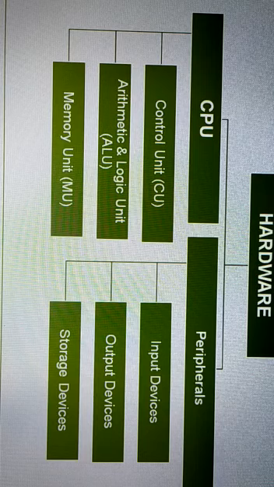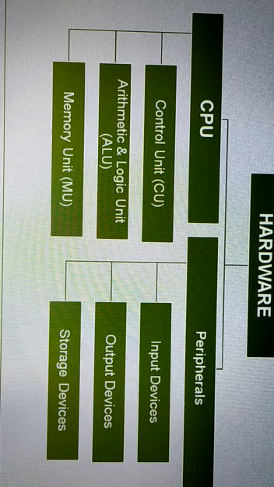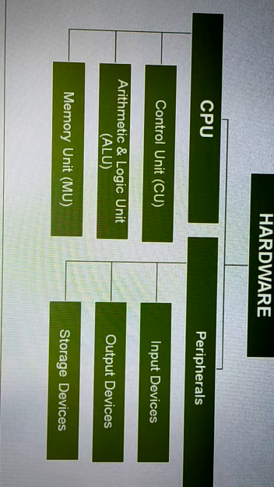One thing more: the computing power of any computer is derived directly from the rating of the CPU. The CPU rating is based on the memory capacity of the computer and the processing speed. We will discuss these things later.